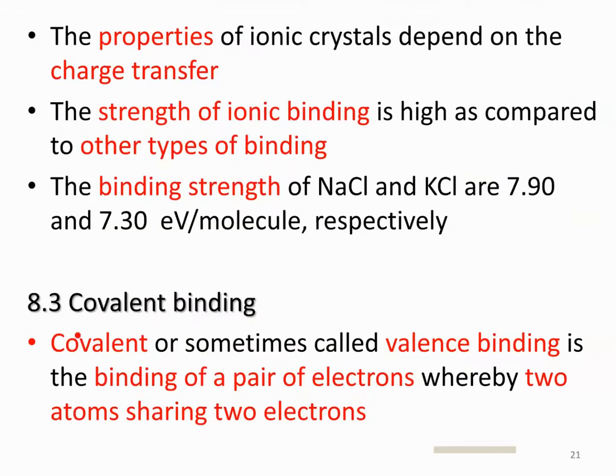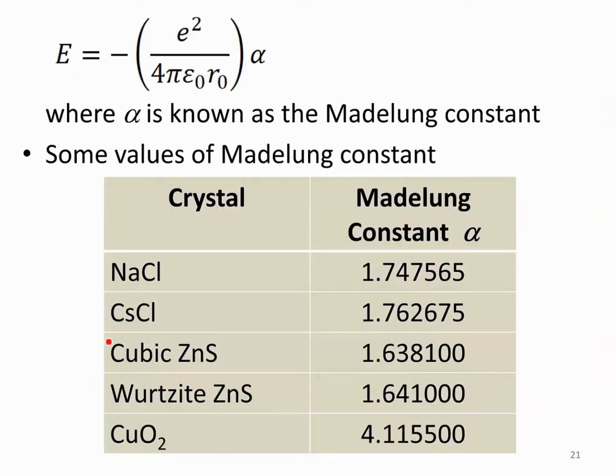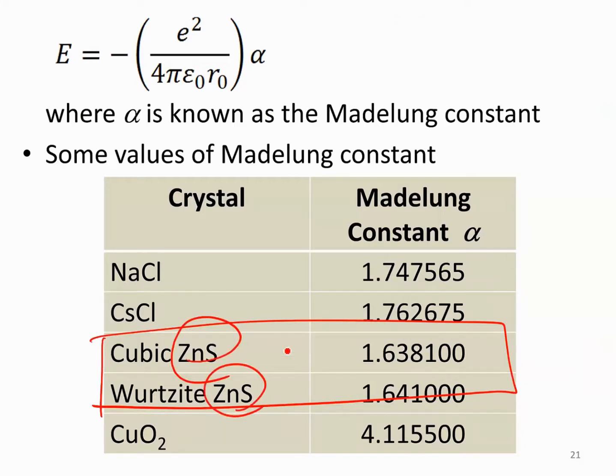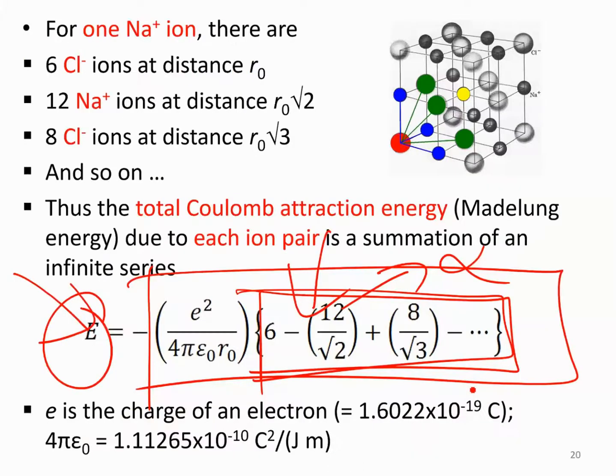You need to take note on this part: both are zinc sulfide, but when the atoms of the zinc sulfide are arranged in a different atom arrangement, then you will get a different Madelung constant. When you get a different Madelung constant, you get different Madelung energy.